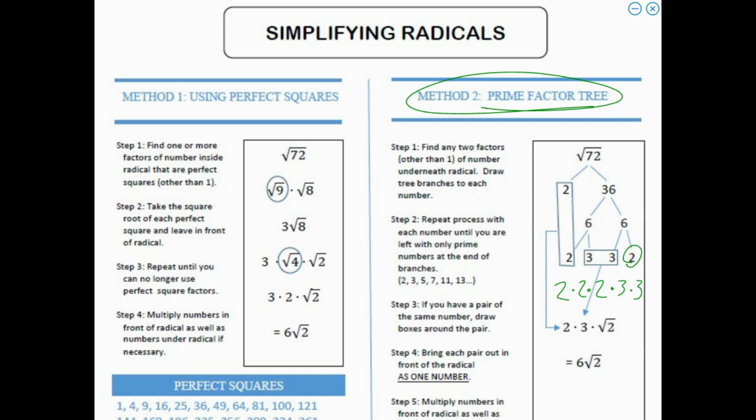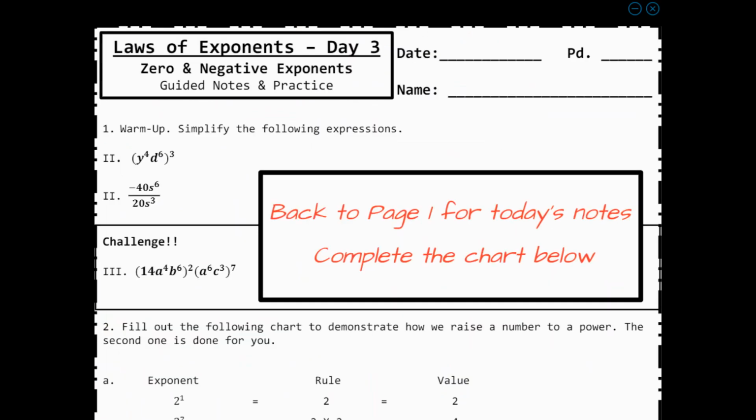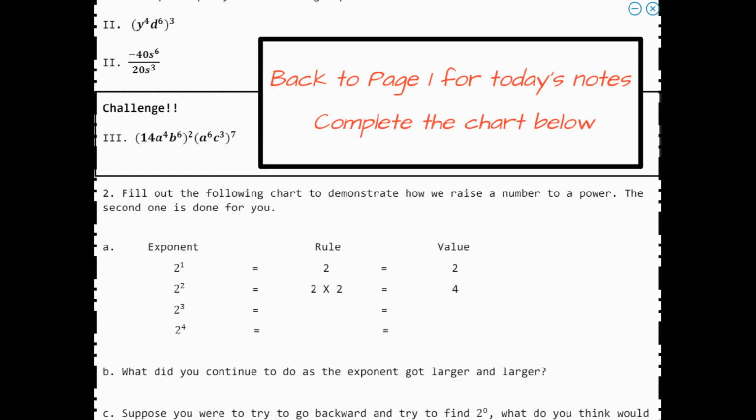Notice all these 2's on the end of the branches and the 3's. That's my prime factorization. So 2 cubed times 3 squared. And then that's how you got it simplified here. So this just walks you through how to find the factors if you don't have the calculator to do it for you. Okay, so back to today's page now that we've covered yesterday.